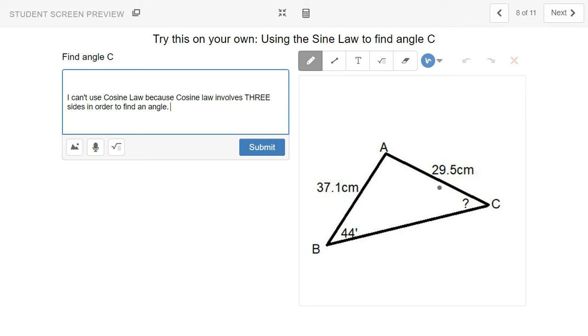Another factor that may give it away is the fact that this has a corresponding pair. And because it has the corresponding pair, and this one is a second corresponding pair, it hints that we're going to use the sine law.